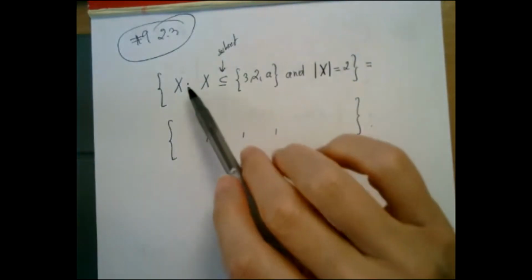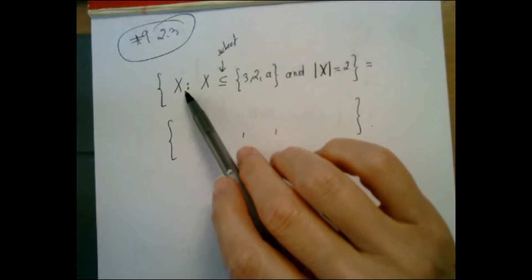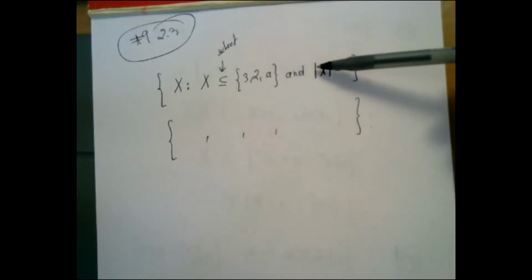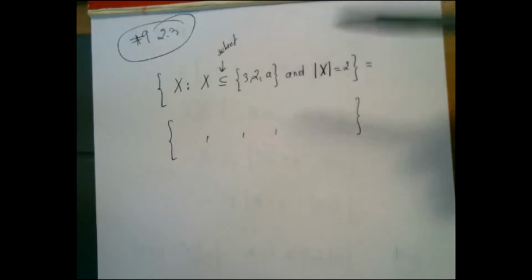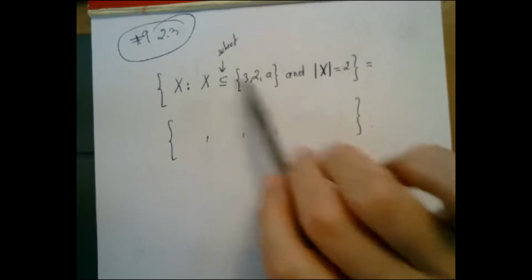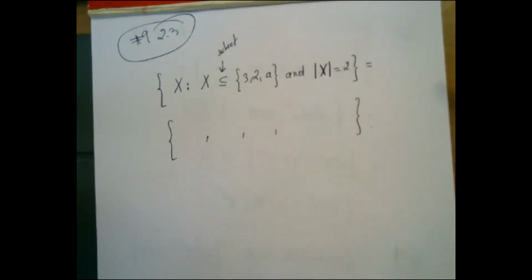Okay, so question number 1: what type of object are the elements? Are they humans? Are they letters? What type of object are the elements here? Sets. Absolutely, sets, and that's crucial.